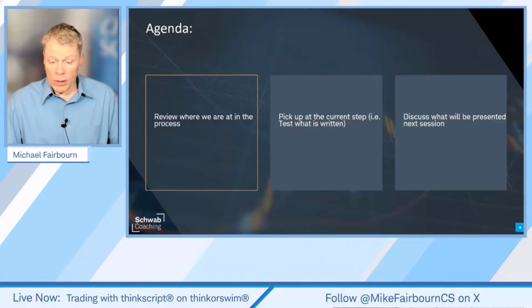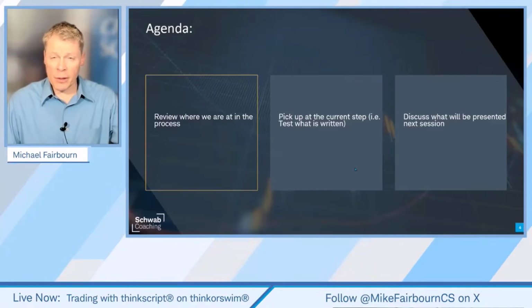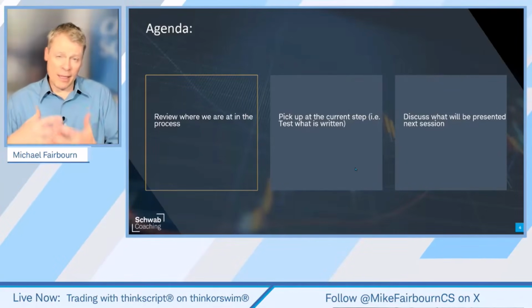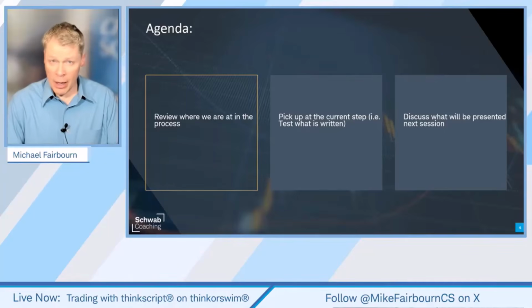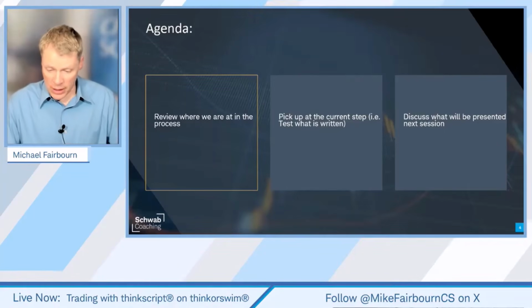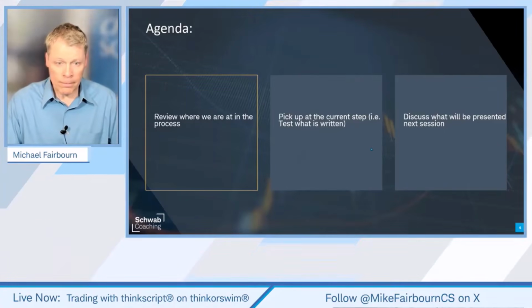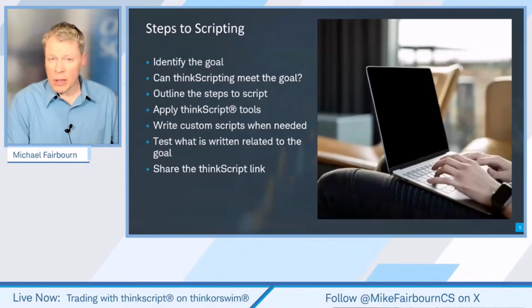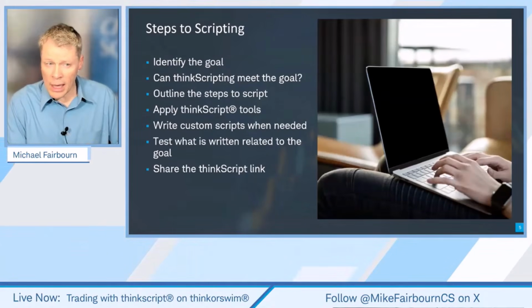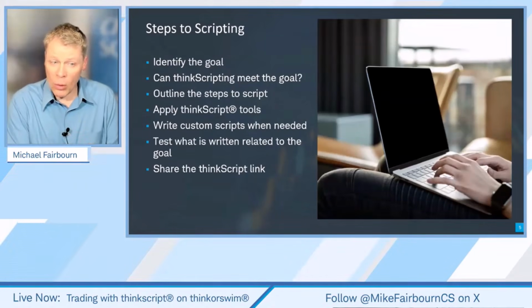Within this class, what we do is design, and a lot of times we implement existing script-based information within the platform we utilize today. It's going to be options specifically. When we are scripting, we'll often identify a goal: can ThinkScript meet that goal?